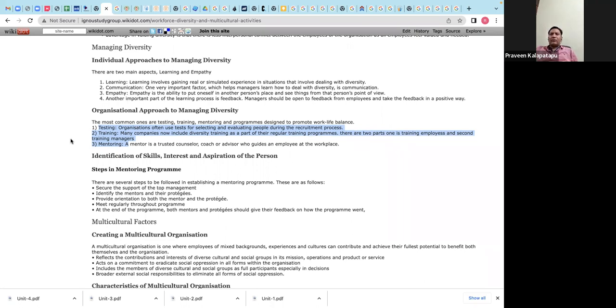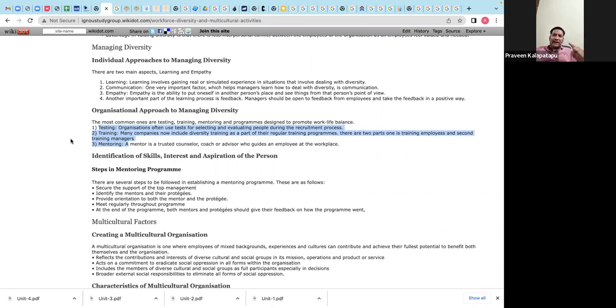So what exactly is testing? This is about choosing the employee with the right diversity mentality. When you are recruiting, you are testing whether this particular employee fits in a diverse environment or not. This is the first part.